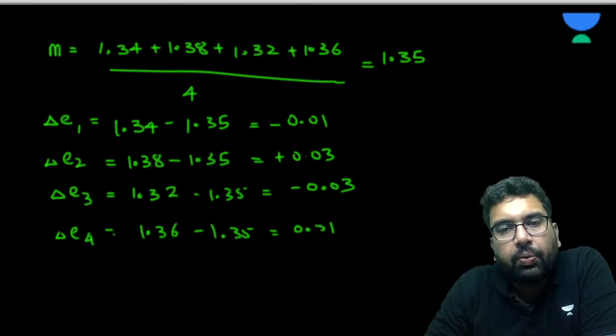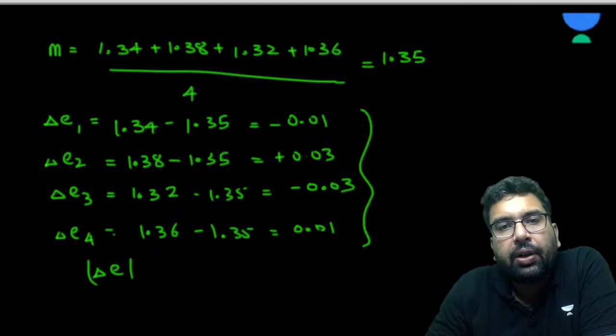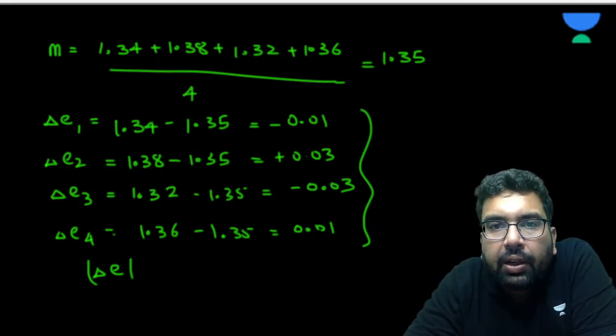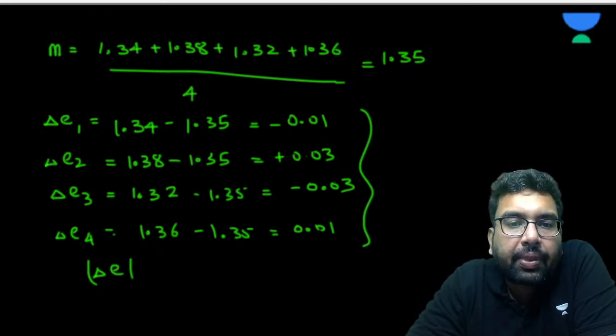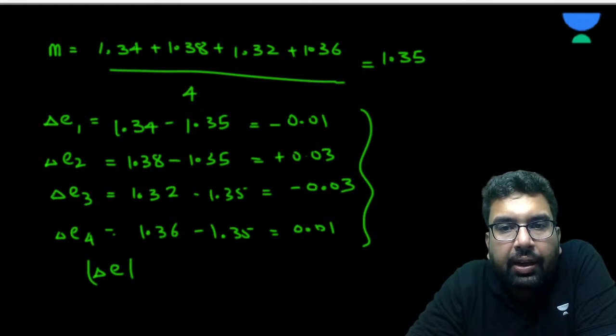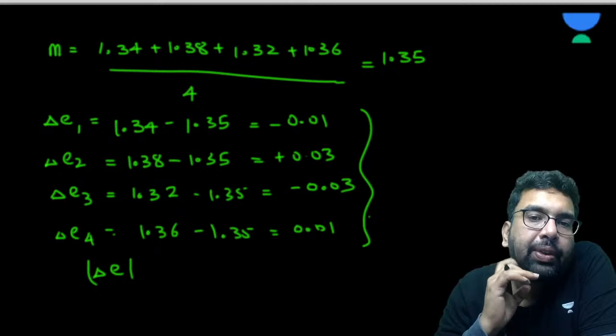So what we can do, we can find the absolute error by taking the average of it. If you take the average of it, you will get something. One thing is very clear, that this is not zero. This can't be zero.